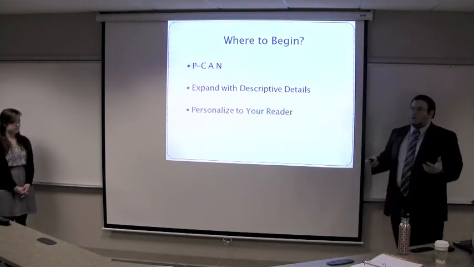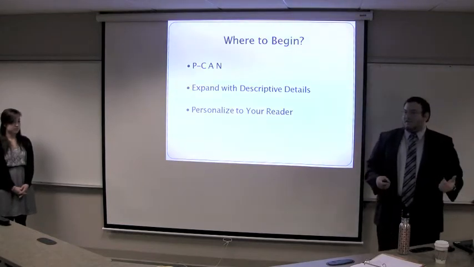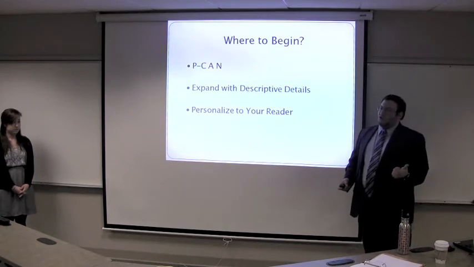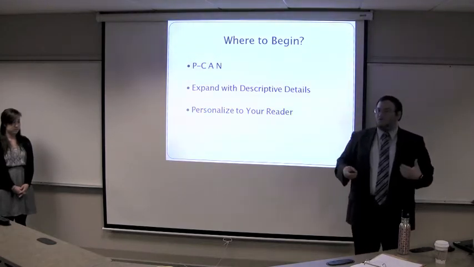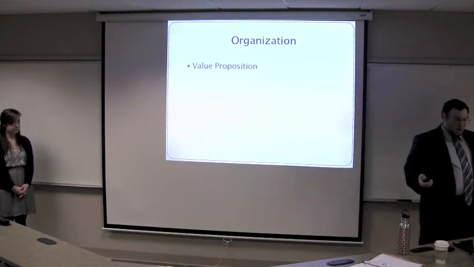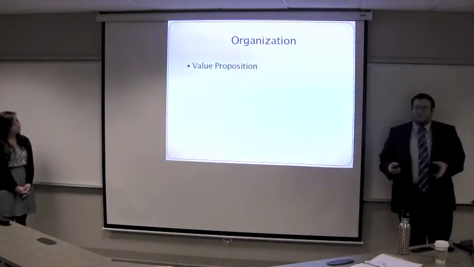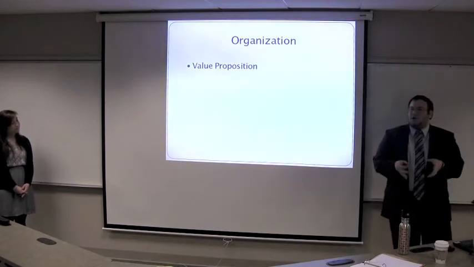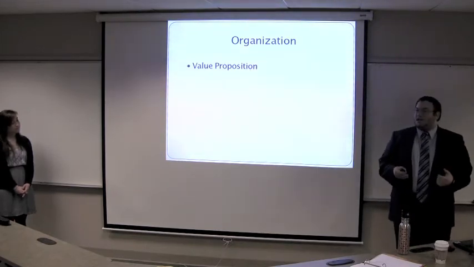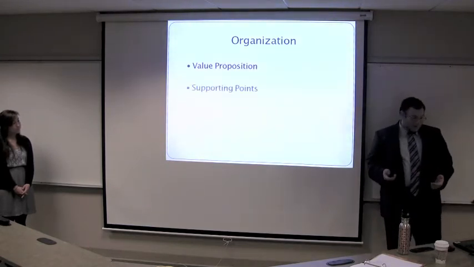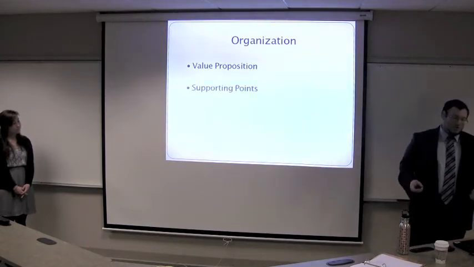So you would write different things in an executive summary for the same document if you're addressing it to the provost, as opposed to directing it to the director of admissions. And then organization. You want to focus on your value proposition. Focus on what your document is offering to your executive, what he needs to know for that meeting, and how it will help you. And then you talk about your supporting points.